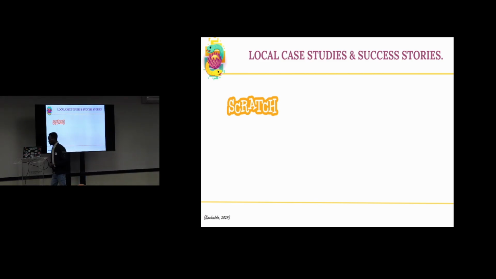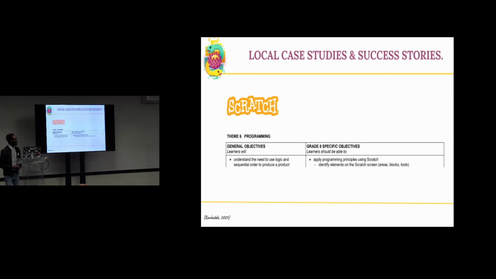The reason is that Scratch is open source and free, and schools now have the option to use it in their classrooms to teach learners how to code.